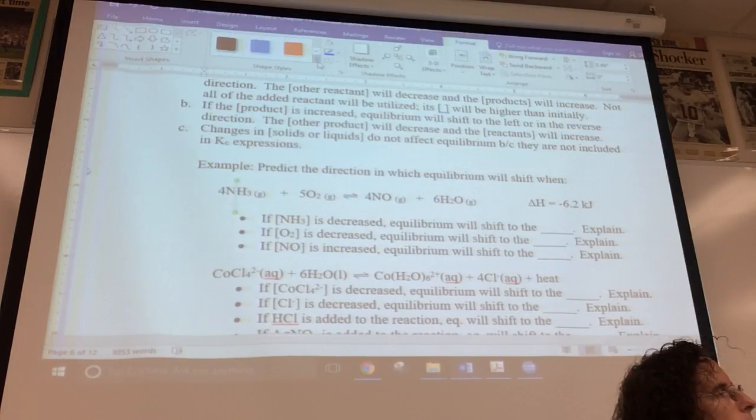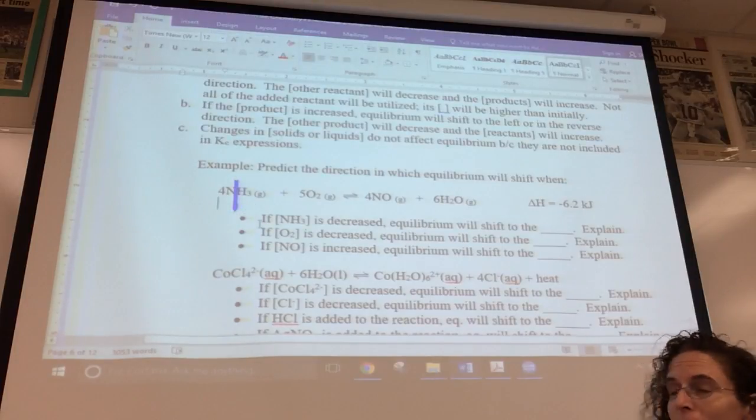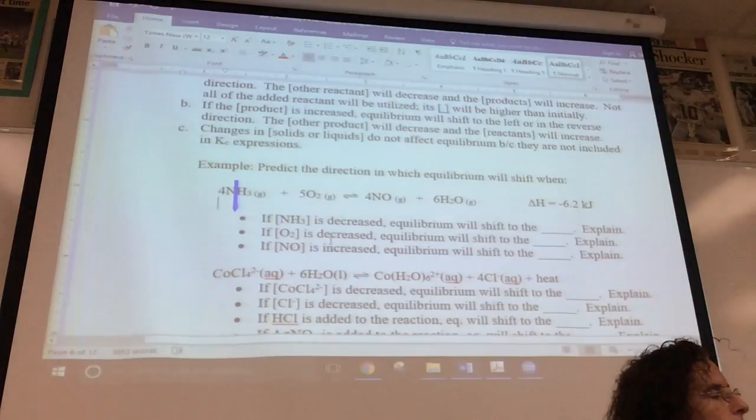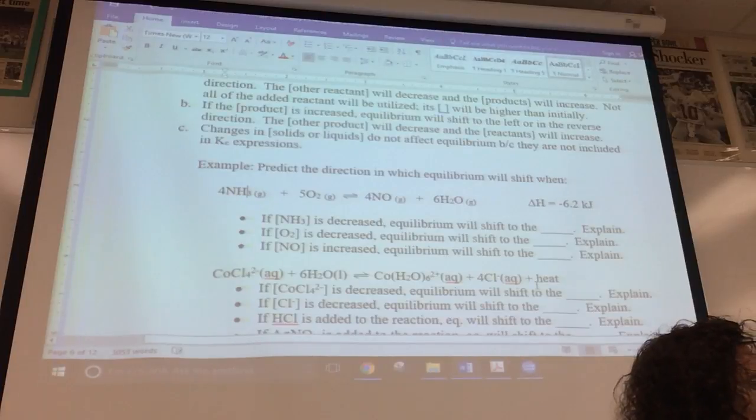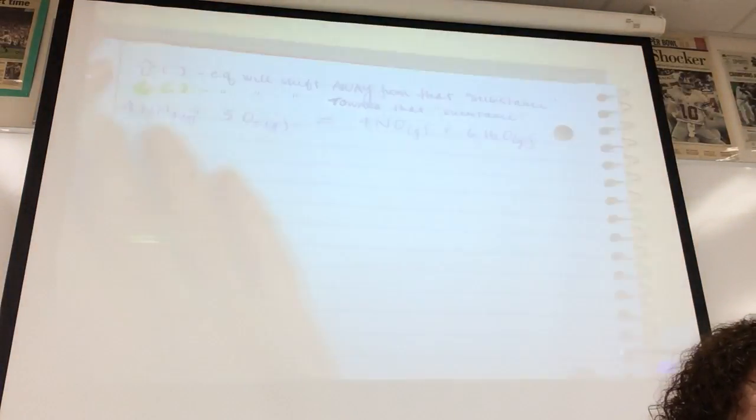Well, that didn't work. Well, that's just a mess, but I guess you get the point. So if you decrease ammonia, equilibrium will shift to the left in the reverse direction to replace. Here's your equation.